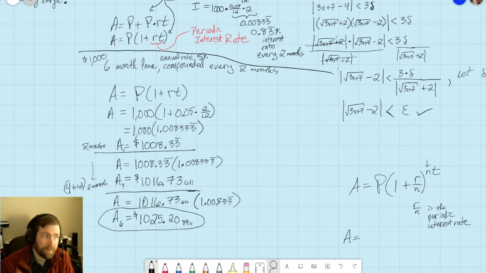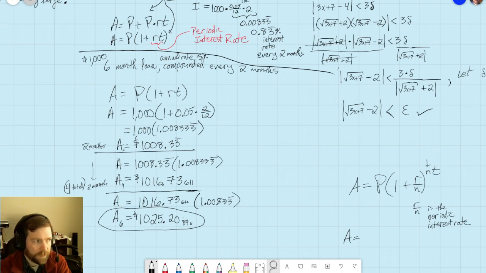But because it's compounded, if it was a 5% annual rate calculated at the end of the year, that would cost us $50 total. But because it's compounded more often, it's going to cost us more than $50. Not much, but a little bit.